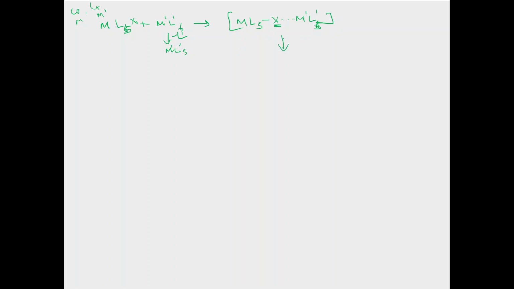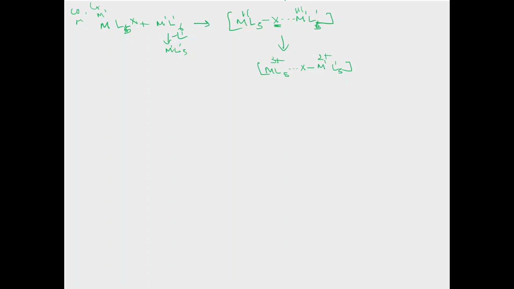Then electron transfer takes place. This is in the plus 2 oxidation state and this is in the plus 3 oxidation state. Now this will go to the plus 3 oxidation state and this will go to the plus 2 oxidation state.